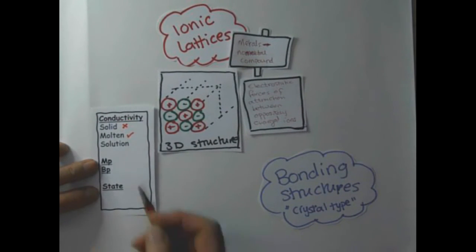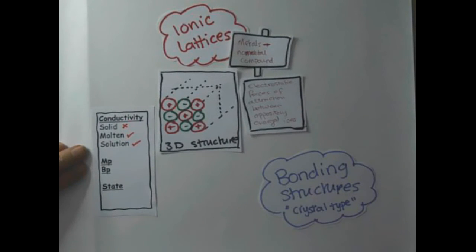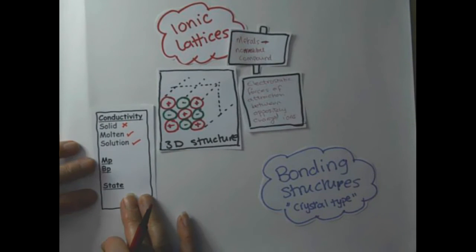And then in solution, will it conduct electricity? Yes, it will. These will dissolve very easily into water, and once they're dissolved in water, the charges become free to move, and a charge can then be passed through.